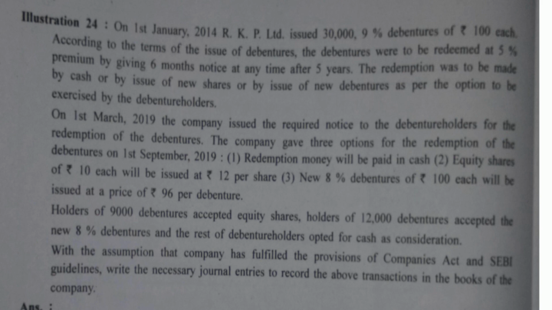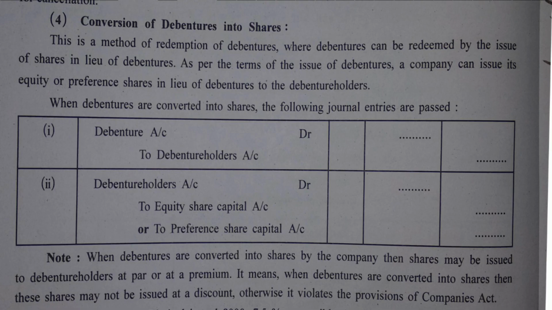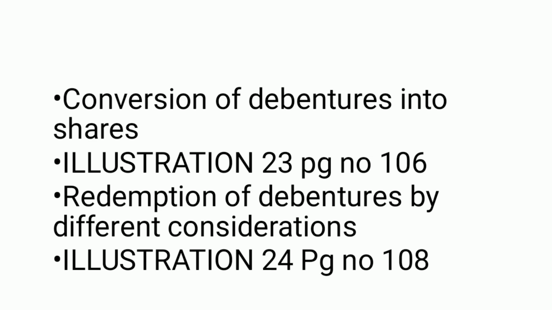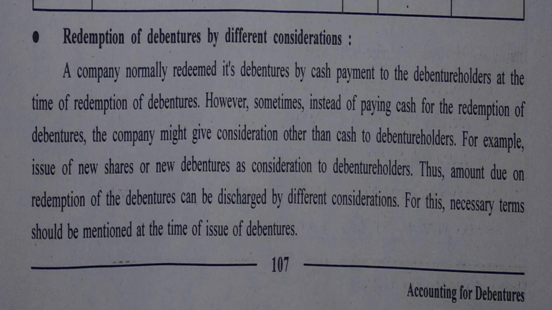That type of sum it is. Alright. So, it is illustration 24 and it is given on page number 108. I have mentioned the page numbers in the very beginning of this lecture. So starting with illustration 24.